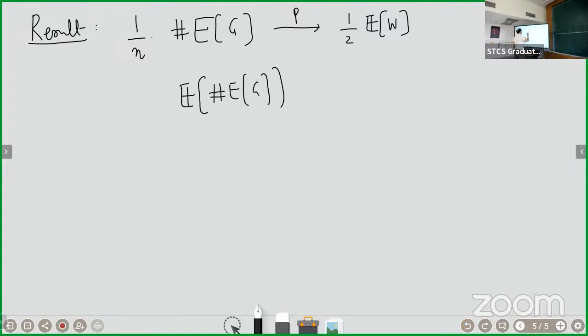This is equal to this by n, then 1 by 2 times. Let's try to look at this quantity. Can you estimate this quantity? Forget about the right hand side. The interesting quantity is the expected number of edges in this graph.